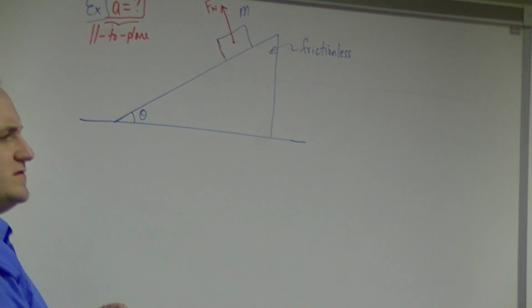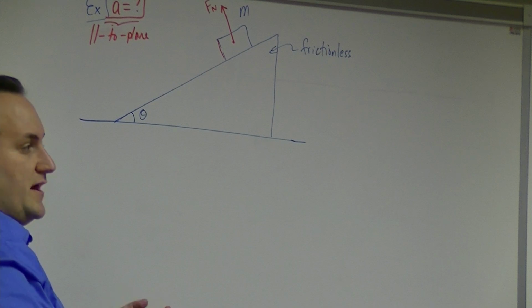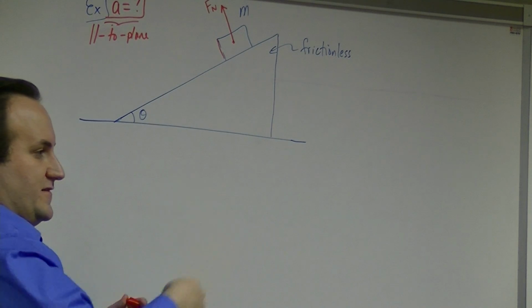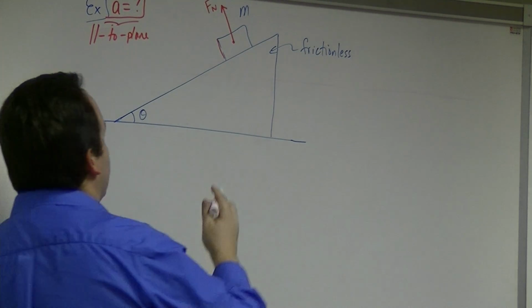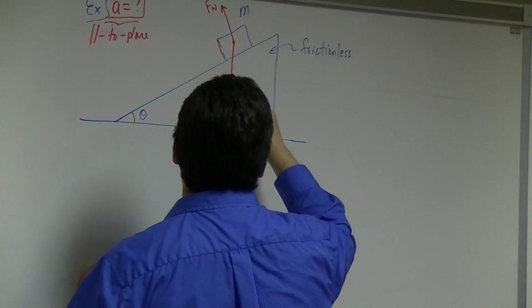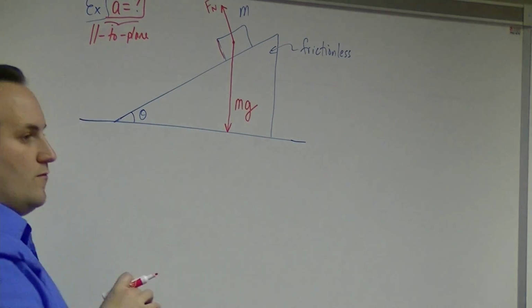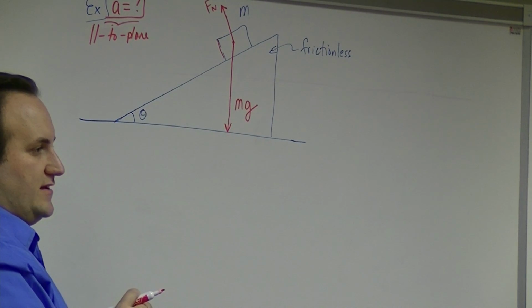What other forces? Gravity, that's it, right? At least for now. Before you know it, I'll make somebody push on it. We'll add a friction force and other junk, but for now, gravity, which looks like this.